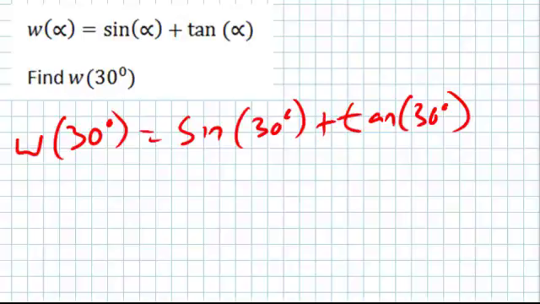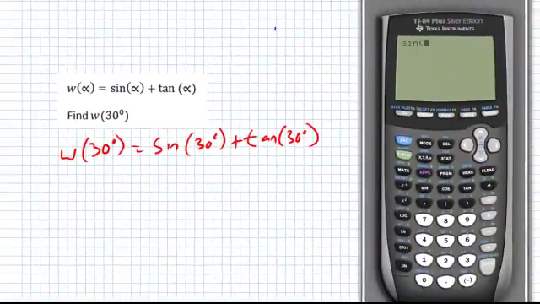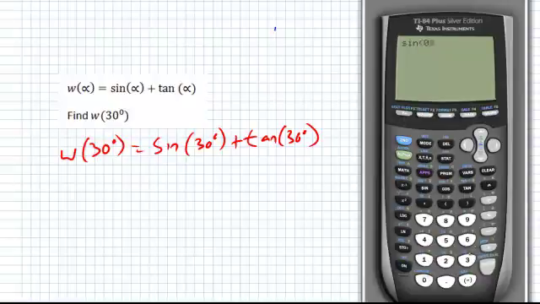Pull out your calculator. So sine of 30. I'm going to make sure I use it correctly, so I'm going to go second angle, and then my first one right there is my degree symbol, plus tangent of 30 degrees.